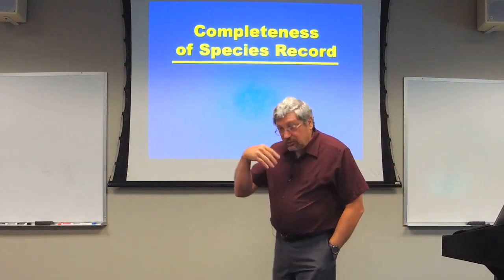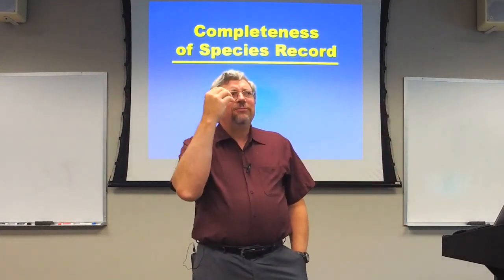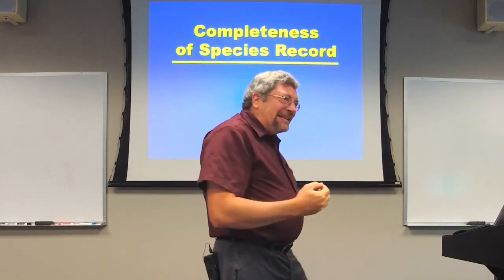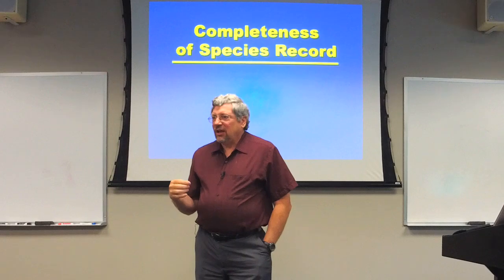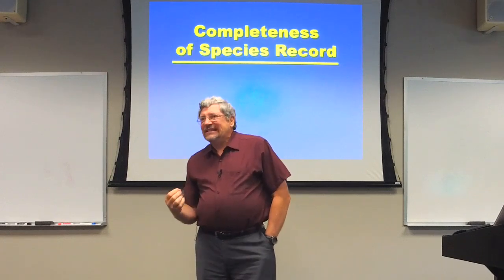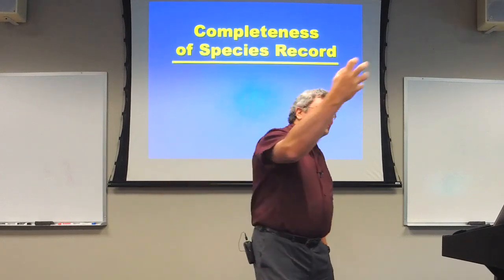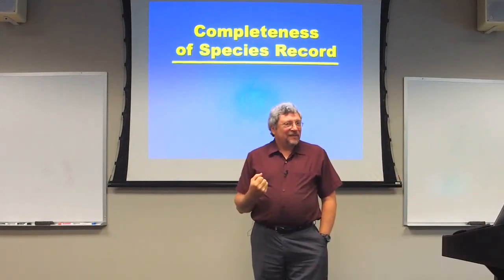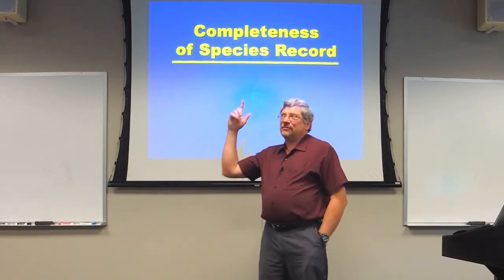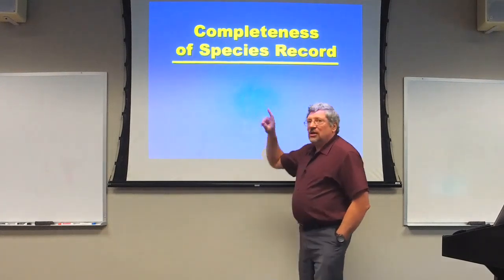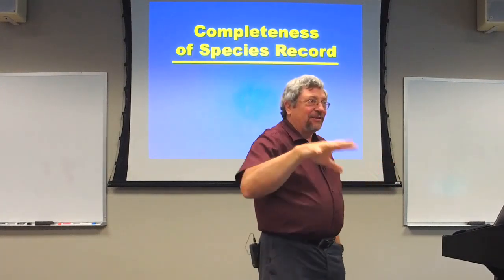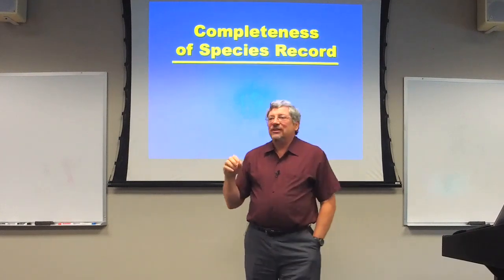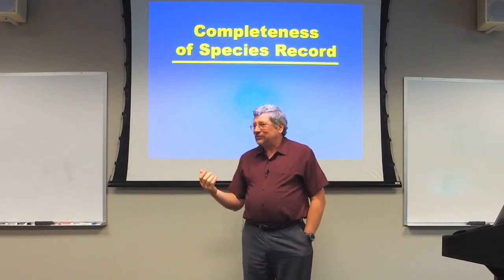A second issue, which I've already referred to, at least I warned you that it was coming, is the issue of the completeness of the fossil record. What percentage of the organisms that once lived do we have fossils for? Or in this particular case, I'm going to make it a little more specific: of all of the species that ever lived in the past, how many of them do we have a record of in the fossil record?